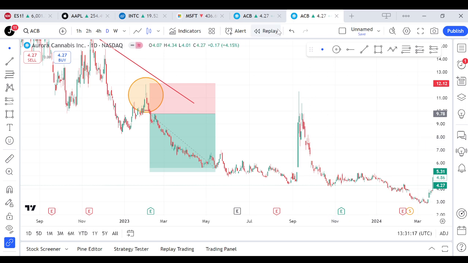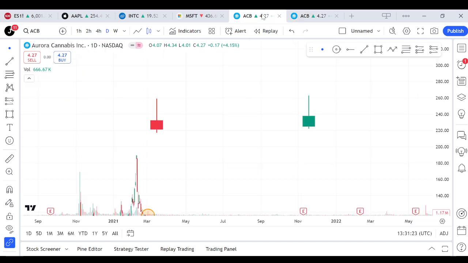The last on my list is the inverted hammer, the bearish inverted hammer. While typically seen as a potential reversal signal, an inverted hammer can also indicate a bearish continuation if confirmed by subsequent candles.